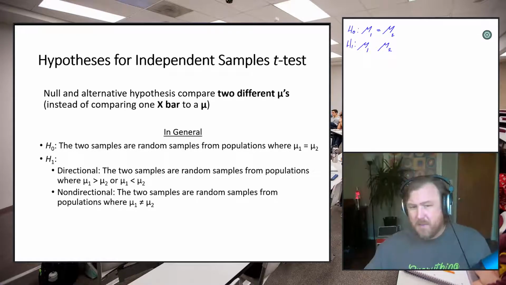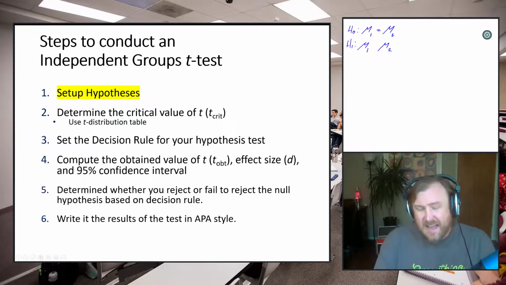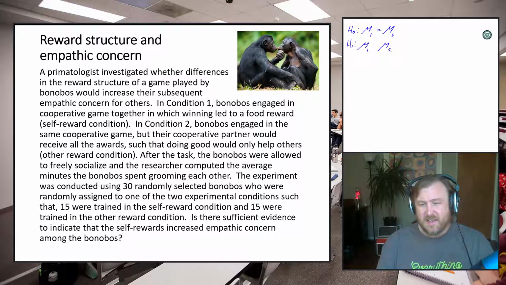But let's go back and look at the question that we're working with. What was the specific question? The last sentence says, is there sufficient evidence to indicate that the self-rewards condition increased empathic concern among the bonobos? So this word increased indicates that this is a directional test.